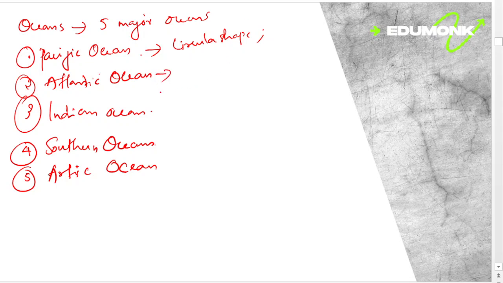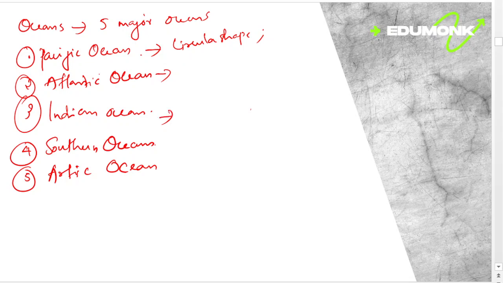Then the Atlantic Ocean is the second largest ocean in the world, and it forms a shape like S. It's flanked by North and South America on the west side and Europe and Africa on the east side. Then we can move to the Indian Ocean, which is the only ocean named after a country. This is India.